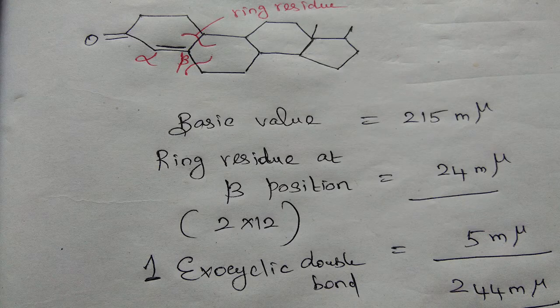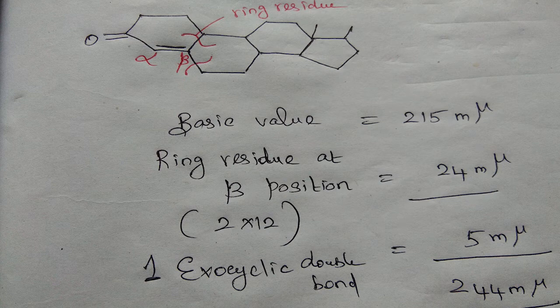Okay, we will calculate for some other compounds. Here, the given compound is an alpha beta unsaturated 6 member ring ketone, and it has 2 beta ring residues.